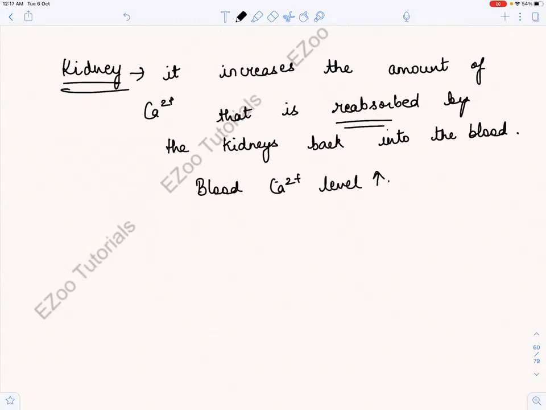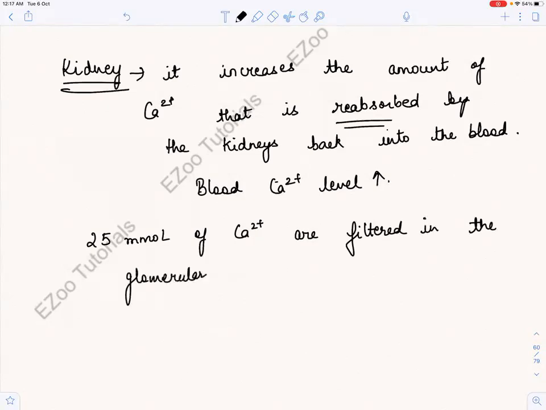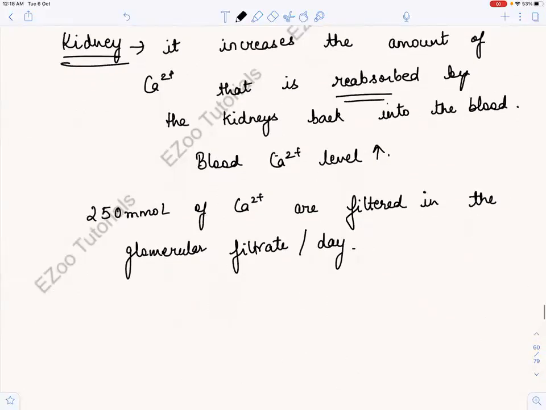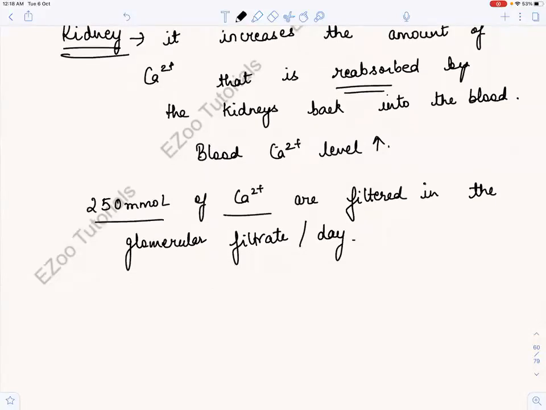How? Let us see. Generally, 250 millimoles of calcium are filtered in the glomerular filtrate. We have already done glomerular filtration. In how many days? In 1 day, per day. 250 millimoles of calcium are filtered in the glomerular filtrate per day, right? Please try to imagine it.